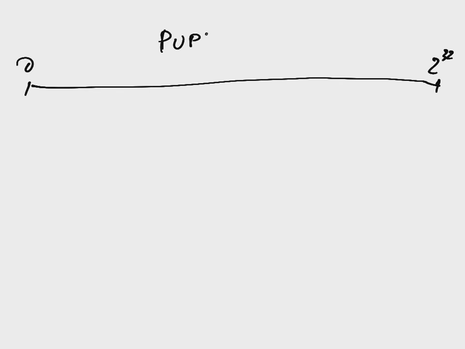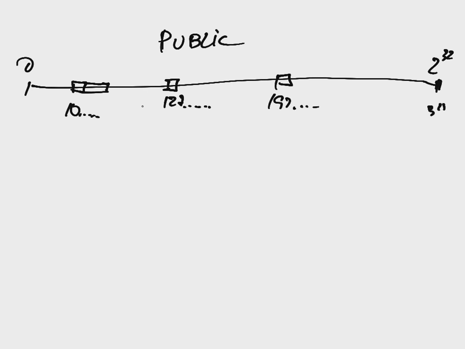Everything is public except some particular ranges. Somewhere here is 127 something, somewhere here is 192 something, somewhere here is 10 something, this is larger. Somewhere here is 2 to the power of 32, which is reserved for something. Everything else may be public addresses.